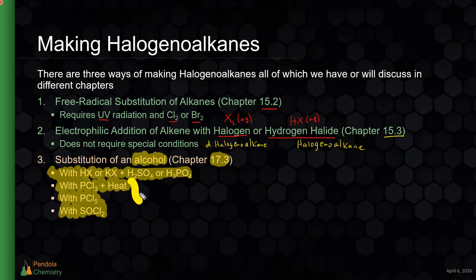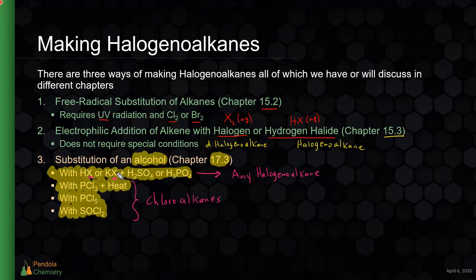I do want to say that these last three reactions, the ones with PCl3, PCl5, and SOCl2, specifically create chloroalkanes, halogenoalkanes where the halogen is chlorine, whereas the reaction with HX or KX can give any halogenoalkane, depending on whether that X is Cl, Br, F, or I. But that's it.